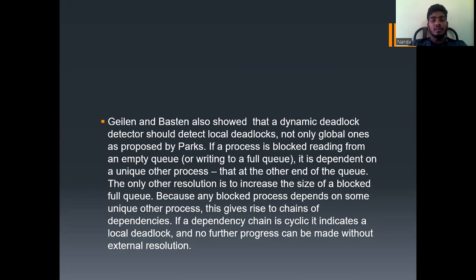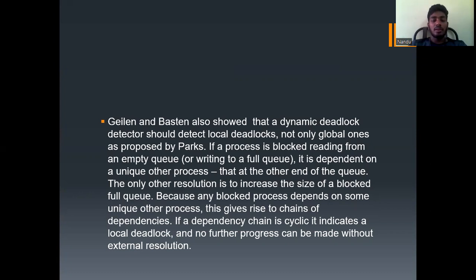Geilen and Basten also showed that a dynamic deadlock detector should detect local deadlocks, not only global ones, as proposed by Parks. If a process is blocked reading from an empty queue or writing to a full queue, it is dependent on the queue's unique other process, the one at the other end of the queue.